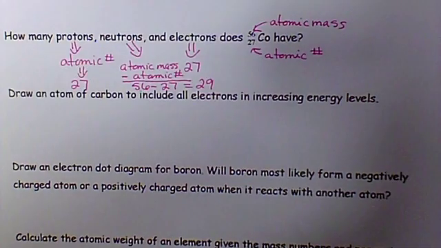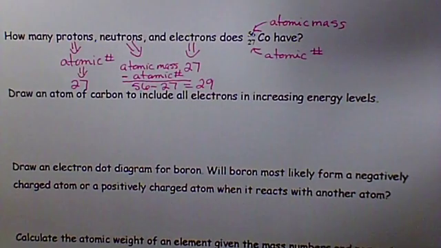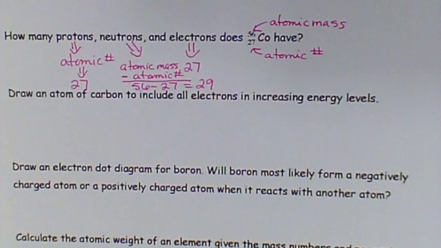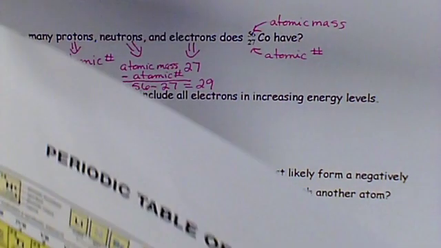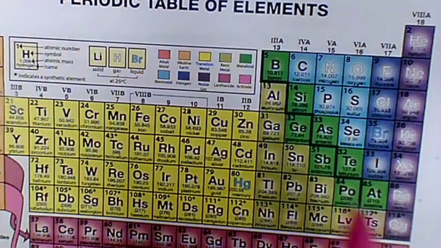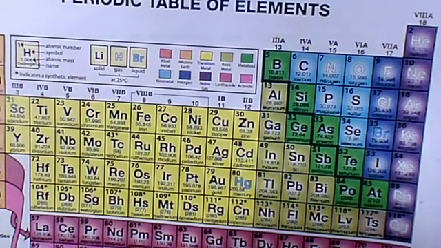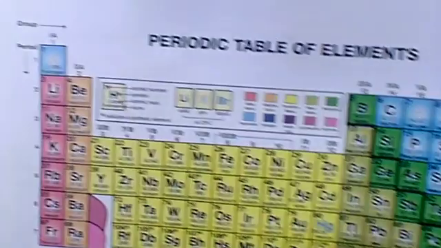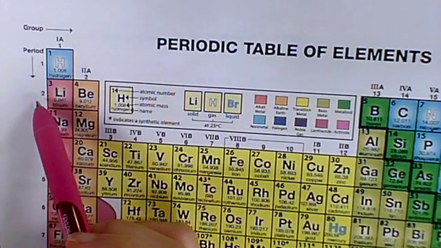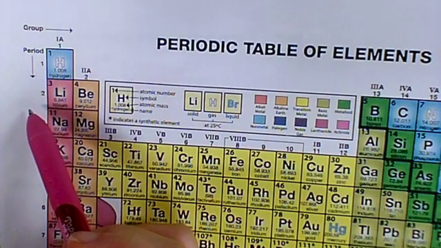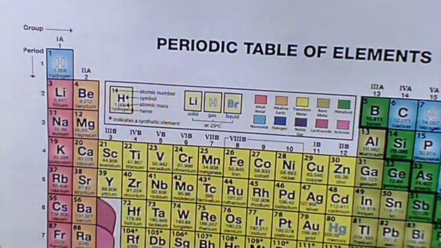Okay, now for the next one, make sure you have your periodic table out. It says draw an atom of carbon to include all electrons in increasing energy levels. So the first thing we have to do is we have to find carbon, and it's right here. Now remember, the periods are the energy levels, so we know that carbon is going to have two energy levels, so we'll draw two circles around it.